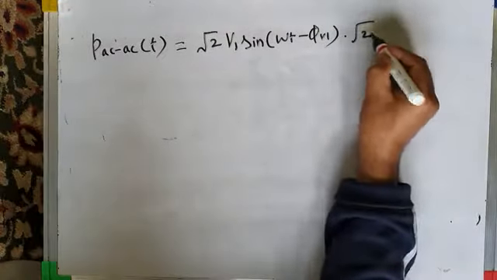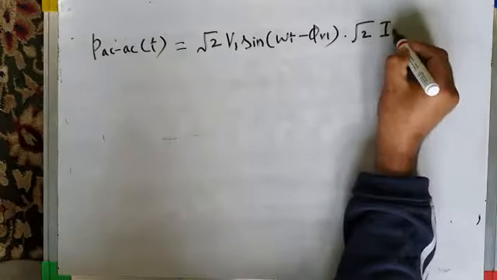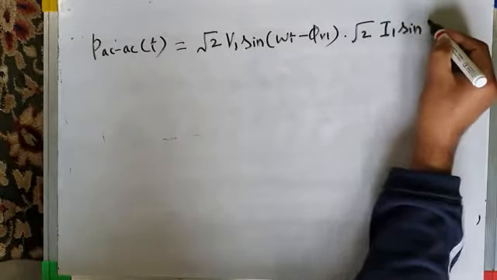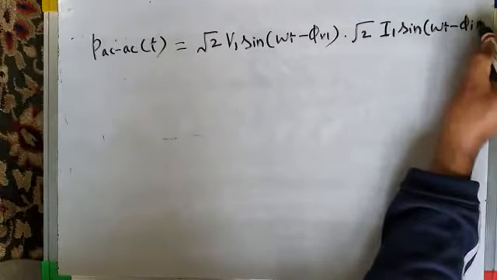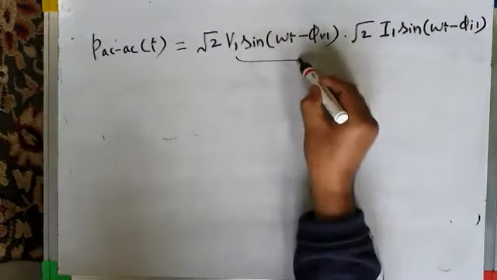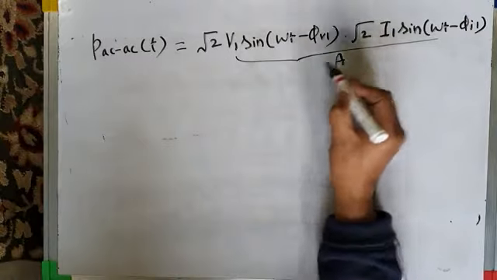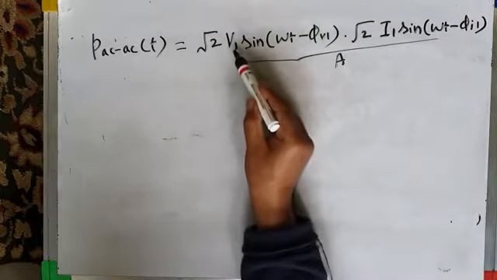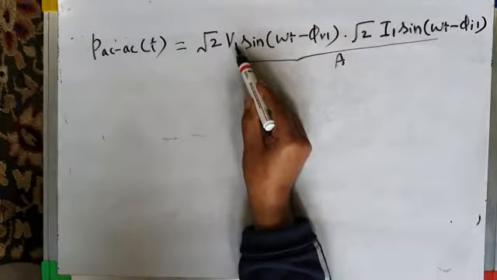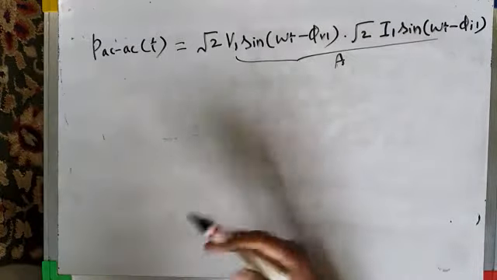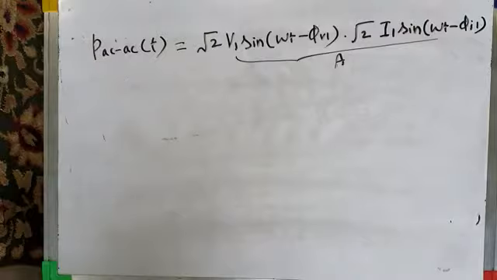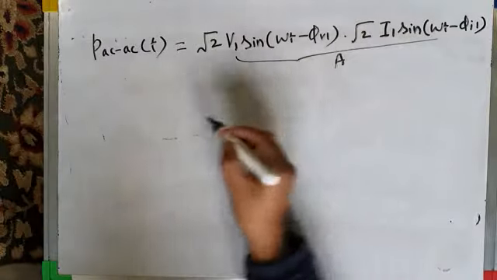Then it will be multiplied by root 2 I1 sine of (omega t minus phi_I1). So this is the product of similar frequency components. The fundamental component of voltage multiplied with the fundamental component of current will result in some power in the circuit. Let us denote this term by A.